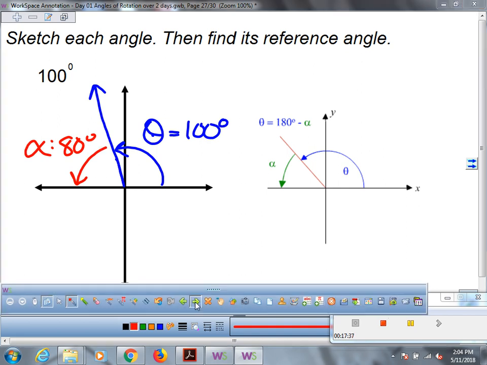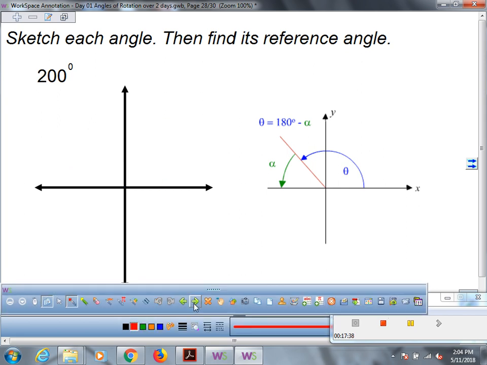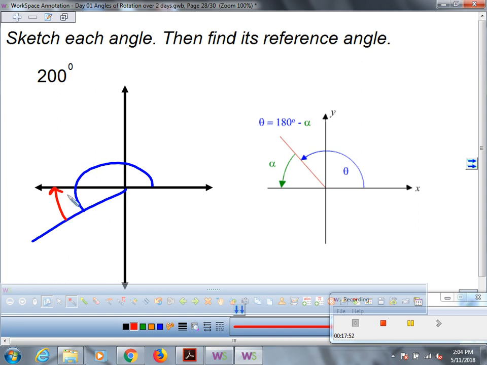Okay, let's try another one. 200 degrees. 200 degrees is 180 plus how much more? 20. So 20 is my reference angle. That's the shortest distance back to the x-axis.